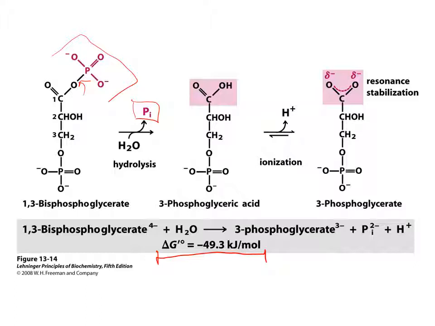Why such a large energy release? It can also be explained just like the reaction before. We create 3-phosphoglyceric acid, which is very rapidly ionized into phosphoglycerate.